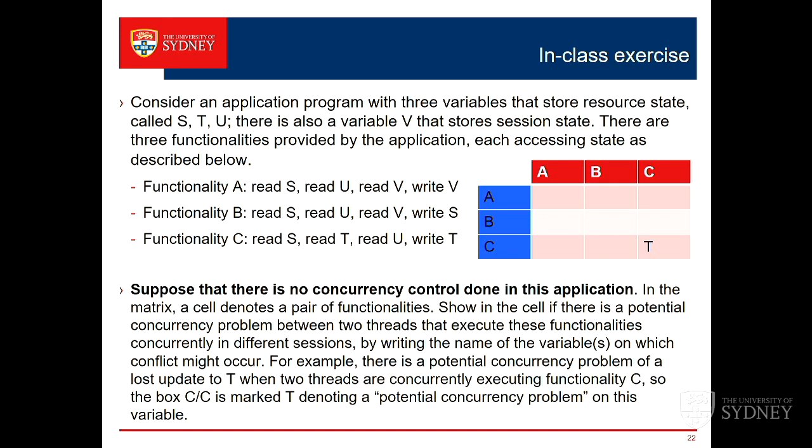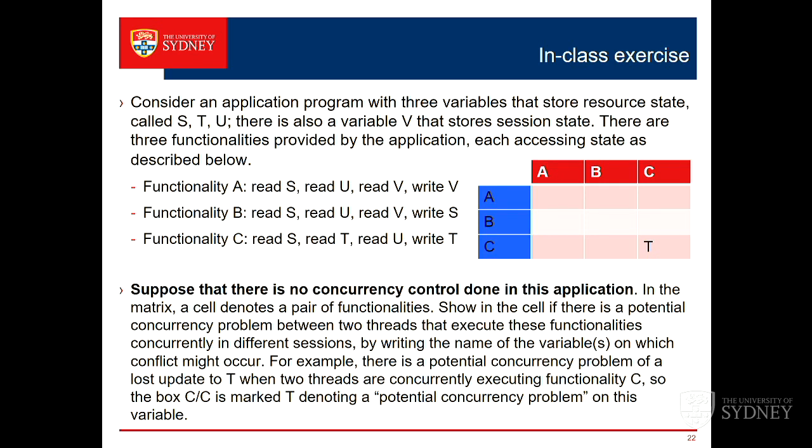So A's function is you read and write V. This little box here is what happens if I run two copies of A at once, A in parallel with A. The next one over is what happens if I run A in parallel with B. So what happens there?